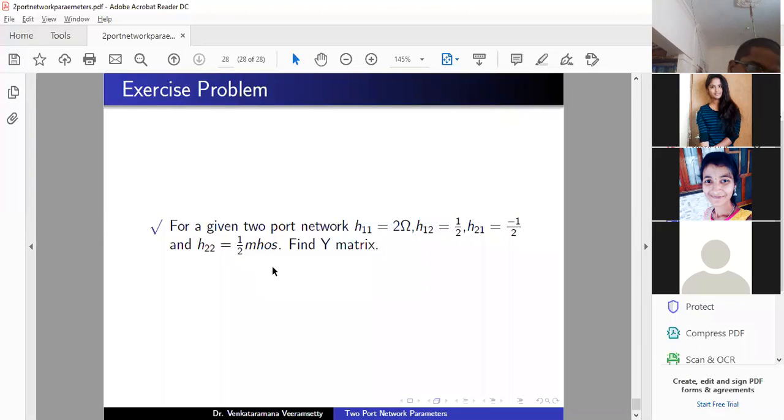Find the Y matrix. Note down this problem and try to solve it. It is just substitution of the values. We have only 3 more minutes. Note down the values of H11, H12, H21 and H22, and find the Y parameters. Y matrix means Y11, Y12, Y21 and Y22.